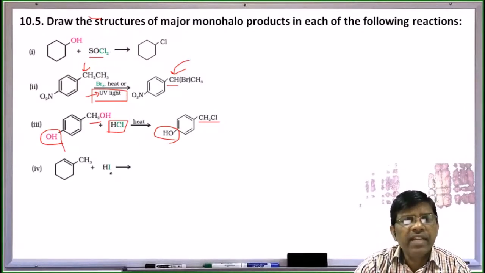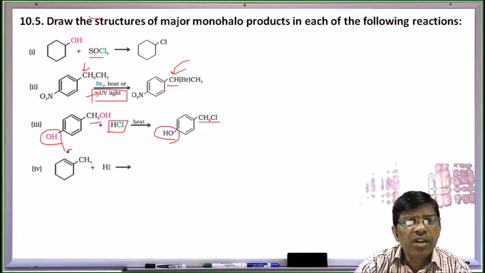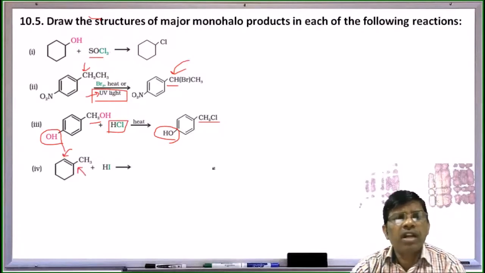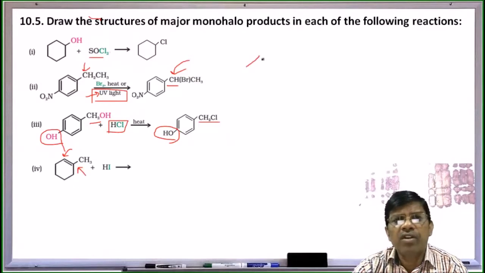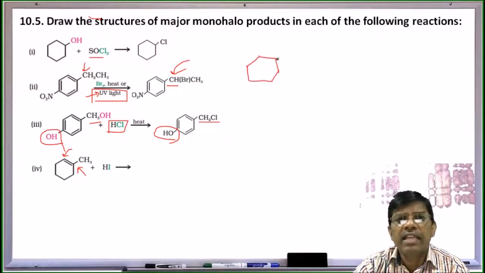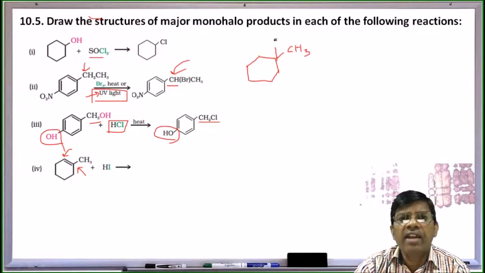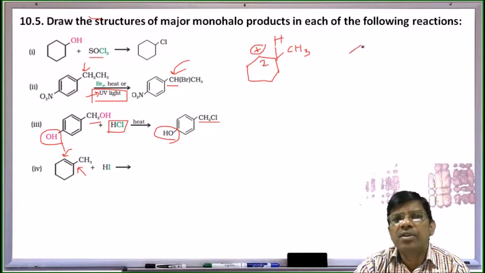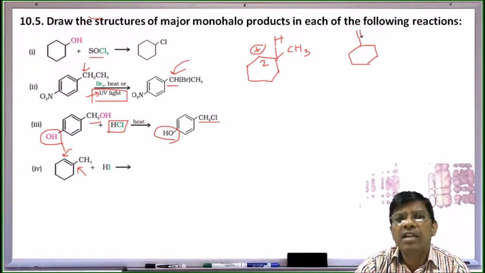Next, when I treat with HI, is it going to attack this side, iodine, or this side? So Markovnikov's product, let us write Markovnikov's product. So methyl here. If I add H plus here, it is going to form this carbocation. What is the carbocation here? Secondary carbocation. If I add hydrogen first to this carbon, what is the carbocation formed here?